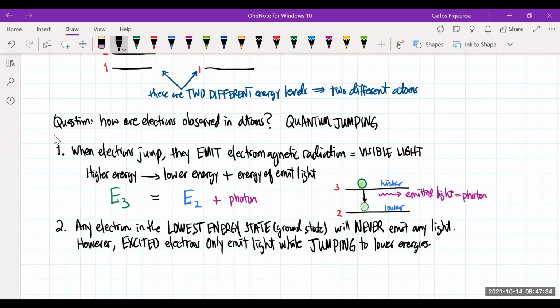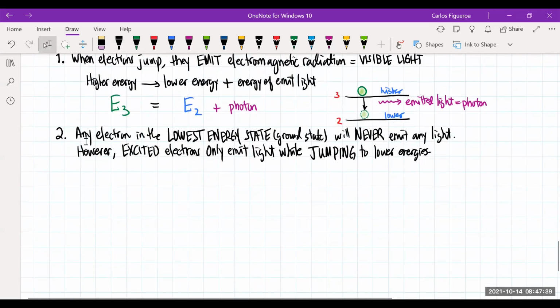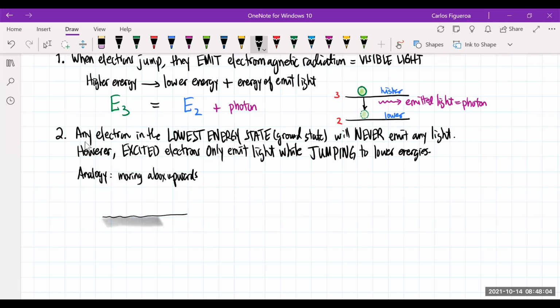And the reason why that is here is that the energy levels are about electrical potential energy. And to give you a sense of what I mean, I want to give you an analogy. When you're moving a box upwards, what happens? Well, you have the ground, and you're going to lift that box off the ground.